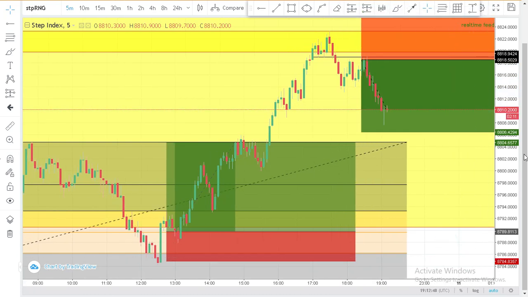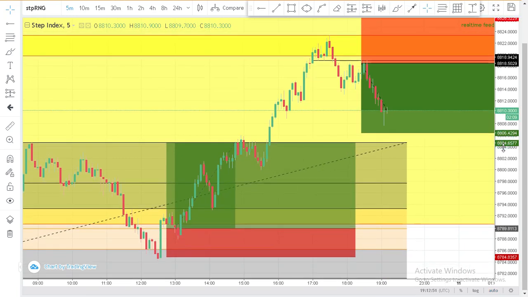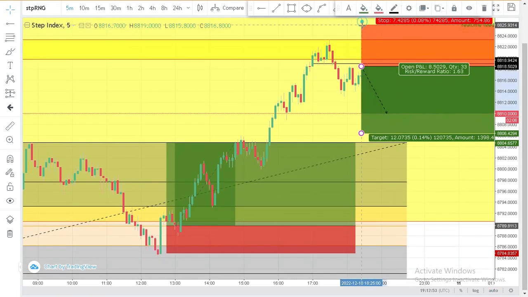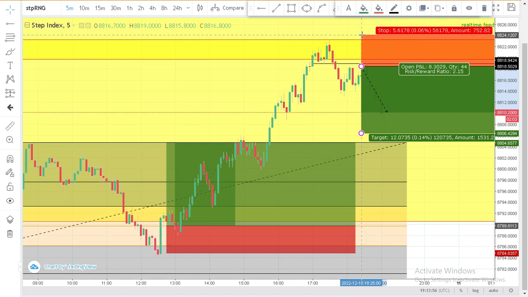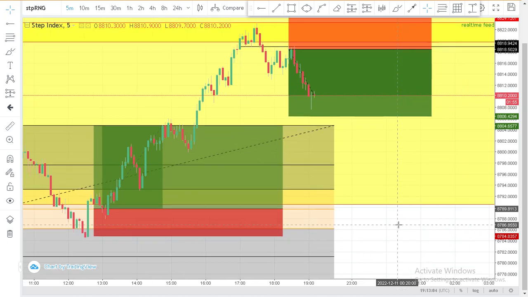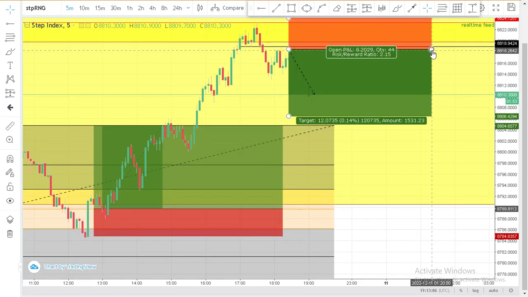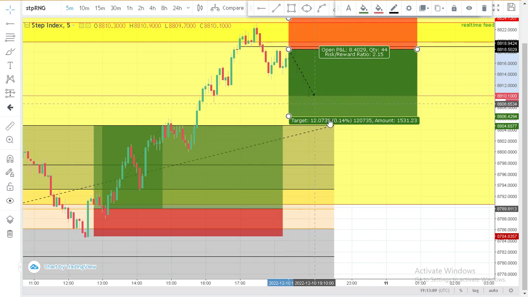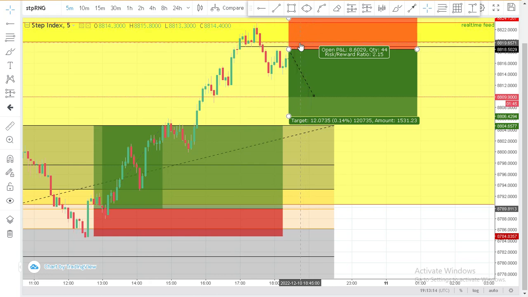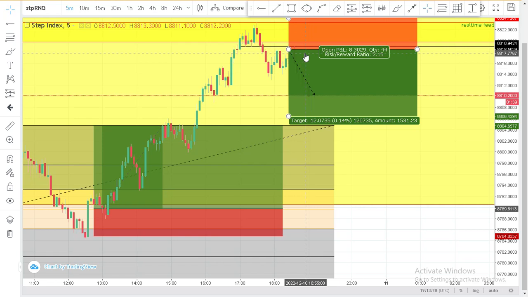I'll put my stop loss above the current resistance. Why? It's simple, guys. If the candlestick can push up here and take me out, there are possibilities of the price coming back to where I entered and taking me out, maybe around there.